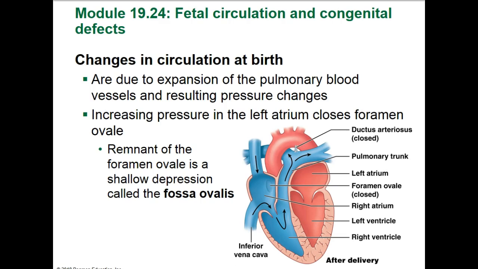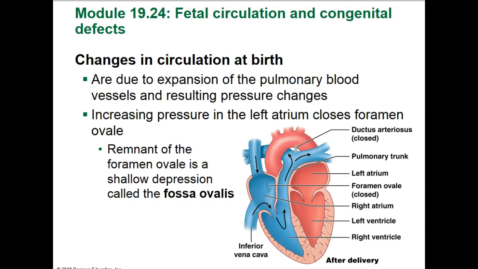Any of the changes we see in circulation at birth are going to be because of expansion of the pulmonary blood vessels that result in pressure changes. And any increase in pressure in the left atrium is going to cause closure of the foramen ovale. And you do still see a remnant of the foramen ovale.